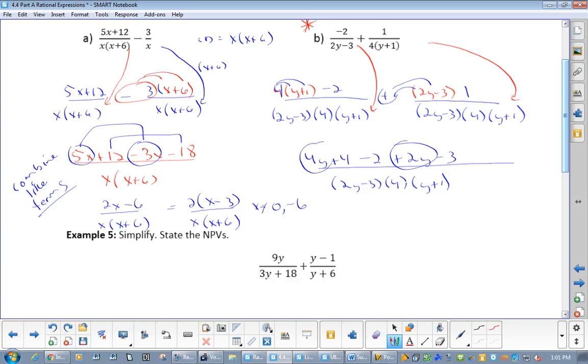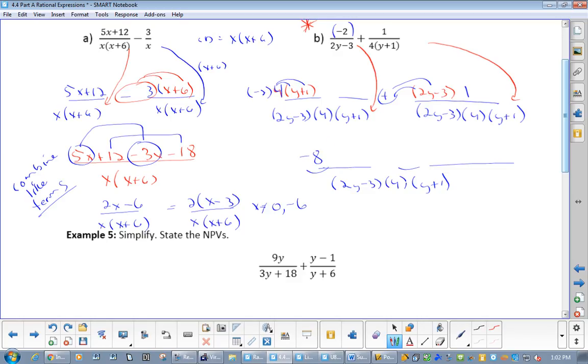Oops. I screwed up. That's times negative 2. Okay. So now, depending where you want to put your negative 2, you might want to put it out in the front and go negative 2 times 4 is negative 8.